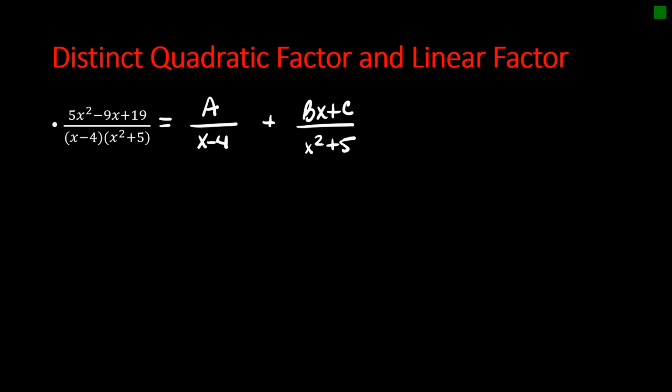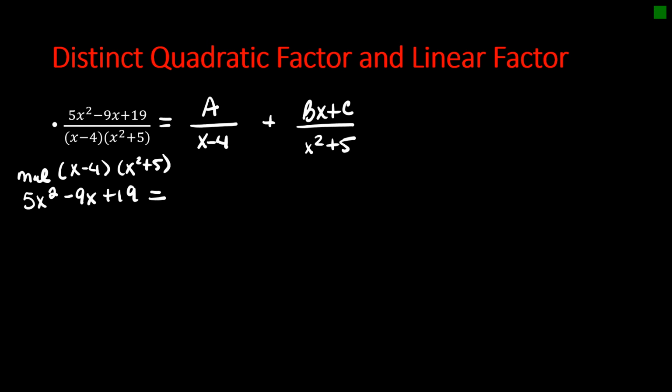So we're going to multiply by the least common multiple of our denominators, which is (x minus 4)(x squared plus 5). When we do that, the entire denominator on the left-hand side goes away, and we're left with 5x squared minus 9x plus 19.